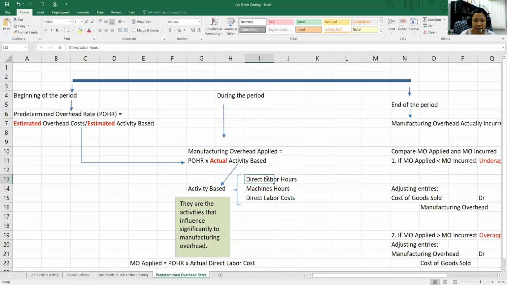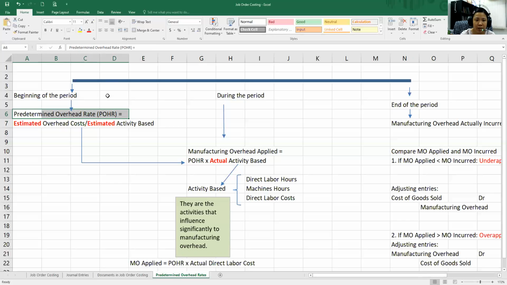There are three activity bases that we have here: direct labor hours, machine hours, and direct labor costs. So you have to read the question to see which one is the activity base for a certain job.